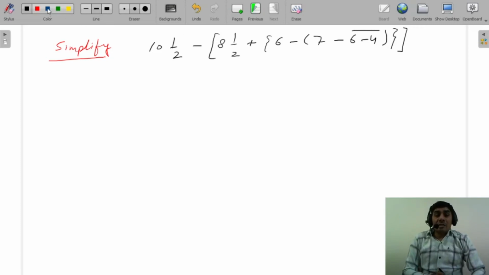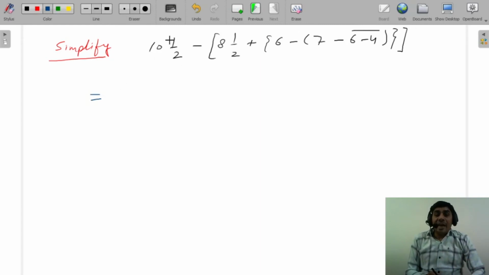Solve this expression. To solve this type of expression, our first step is to convert the mixed fractions into improper fractions.